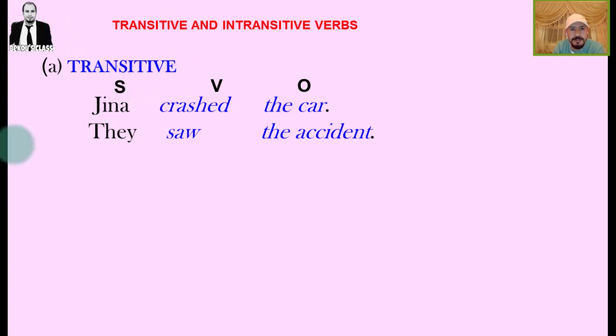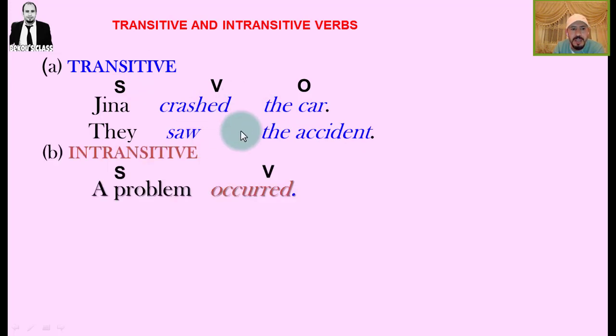It needs an object. They saw the accident. So the accident is an object. So saw, or the verb see, is a transitive verb. So these sentences can be put in the passive. Whereas the intransitive, for example, a problem occurred, a problem happened. So what is the object? We don't have it.